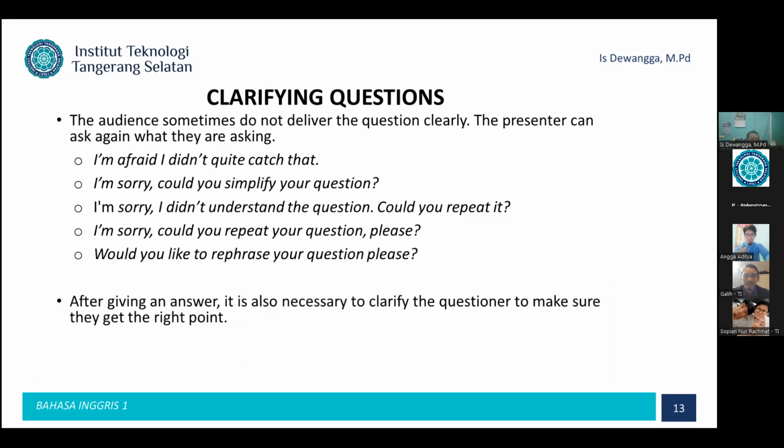After giving the answer to the question that came from the audience, it is also necessary to check with the questioner to make sure they get the right point. So after giving the answer, please clarify with the questioners.